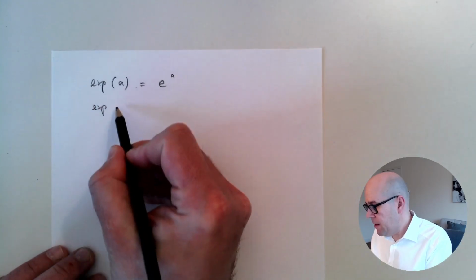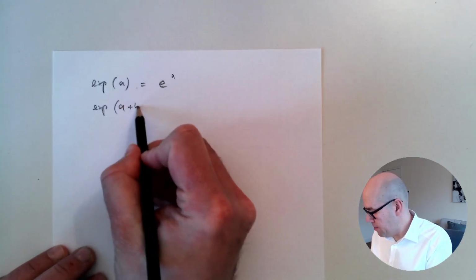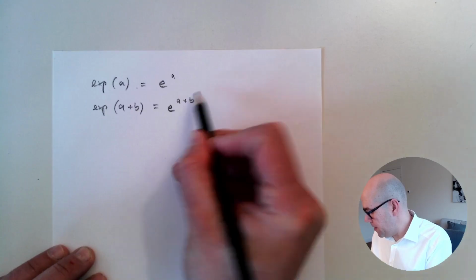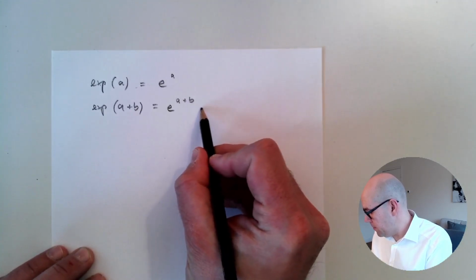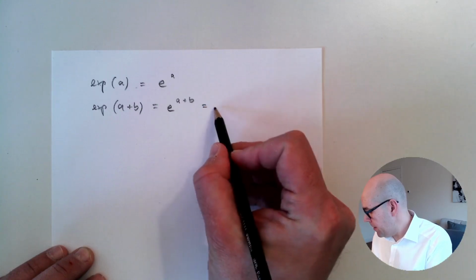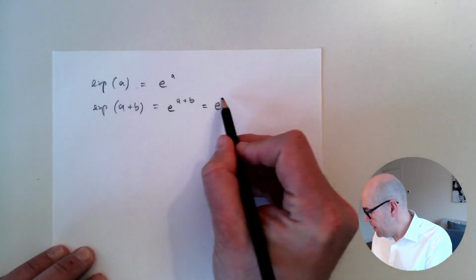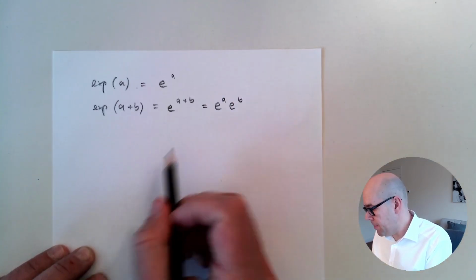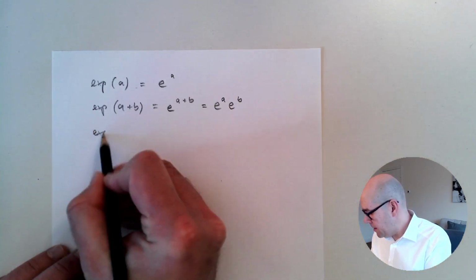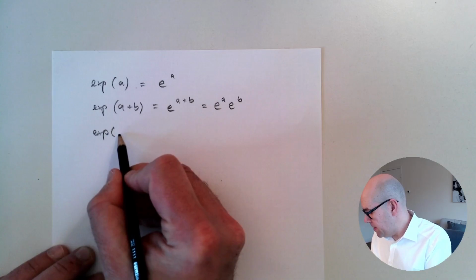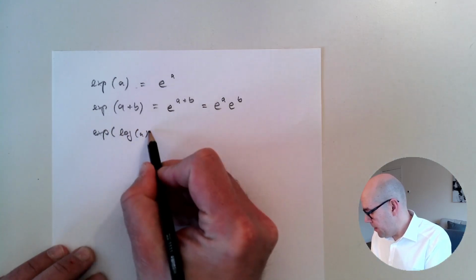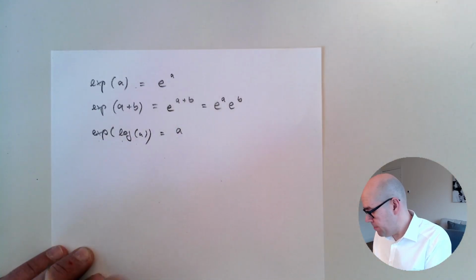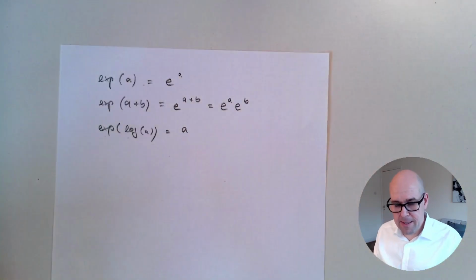Evaluated at a plus b, it is e to the power a plus b, and as you may recall from secondary school, this is e to the power a times e to the power b. And finally, what we're going to need is that the exponential function evaluated at log of a is equal to a. So they cancel each other out. That's really all we're going to need here.